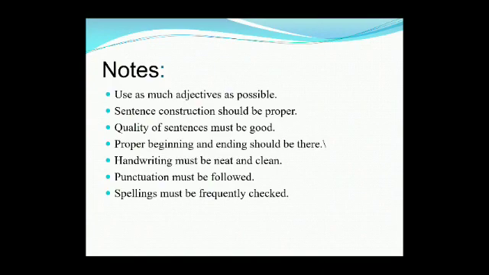Which are the punctuation marks that we have studied yet? Full stop, comma, question mark, exclamation mark, and capital and small letters. All these punctuation marks are important to be followed. Spellings must be frequently checked. While you are attempting your picture description, it is important that when you have finished one sentence, you check it. Check for any errors. If you have checked it and corrected it, then move on to the next sentence.